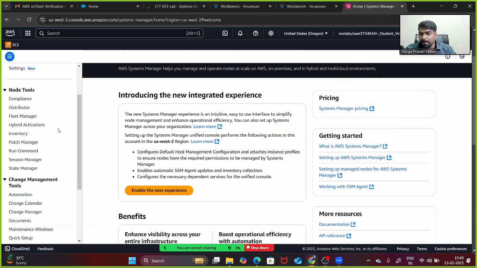So for example, when we talk about patch manager, you can see in the node tools itself, the patch manager is there. We have gone through the inventory. In inventory, we had the collection of where we have to apply the security related measures. In the prevention technique, there were three techniques, if you can remember.